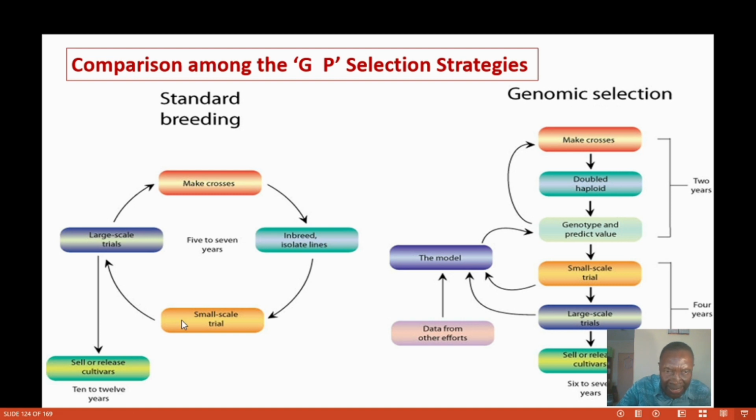Then we put them in small scale trials, and then, of course, we can move them into large scale trials. And this is where we may have a spin-off to sell or release cultivars at 10 to 12 years, as you can see. In the bigger cycle here, it is 5 to 7 years, but by the time we get to the sale or release of cultivars, it's about 10 to 12 years.